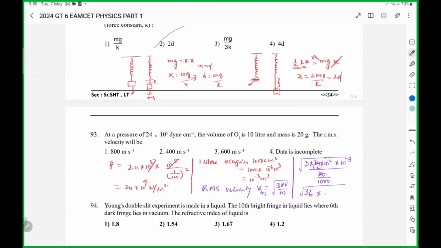So you'll get here 10 power 4, 10 power minus 6, 10 power minus 3. So 10 power minus 1, right. Which is nothing but 600 meter per second.